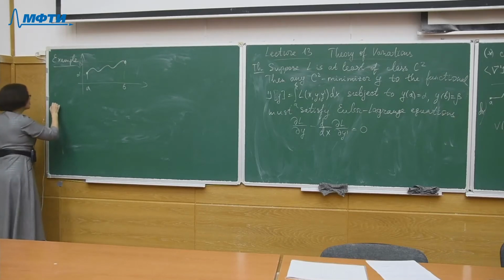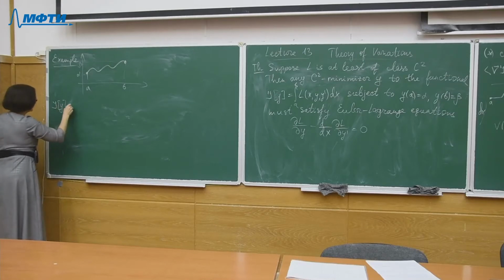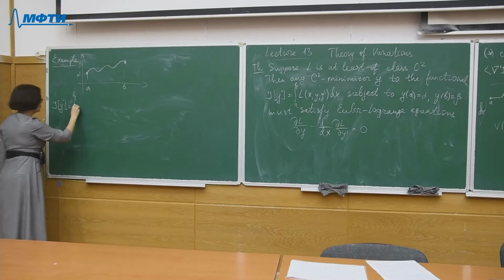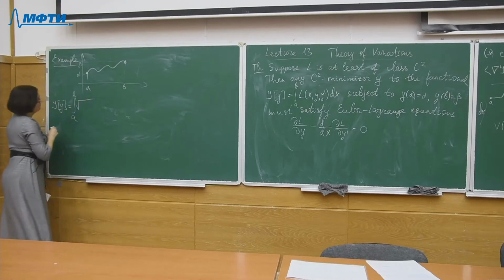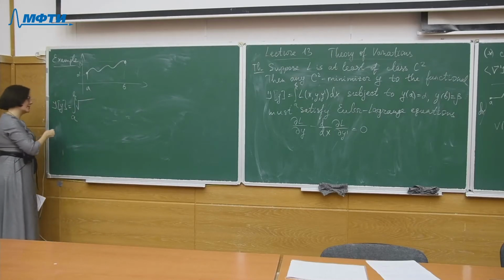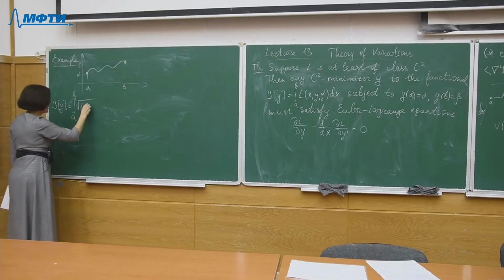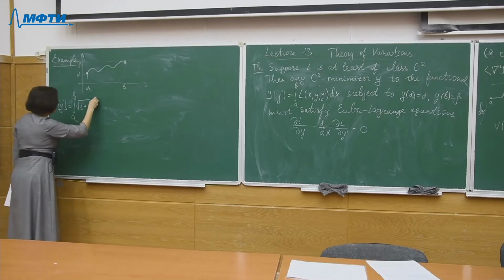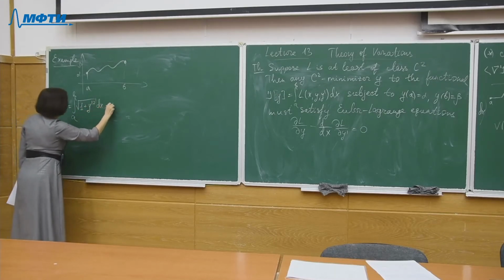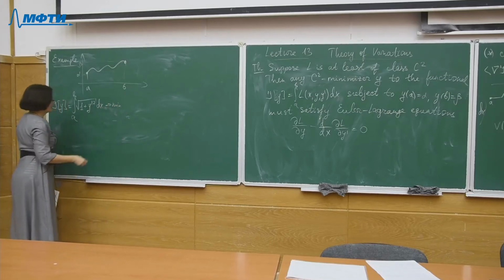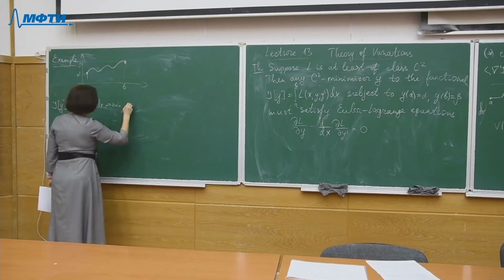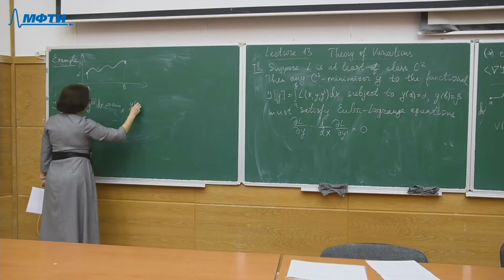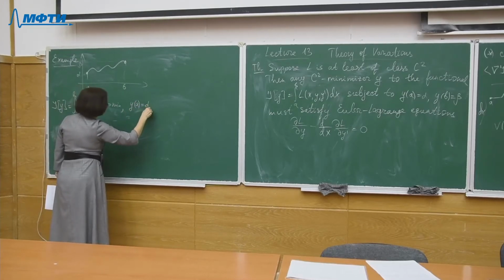And I recall that we consider the functional of the form, the integral from a to b, the arc length integral, the square root of 1 plus y prime squared dx. And we want to minimize this integral. And the boundary conditions are the following.